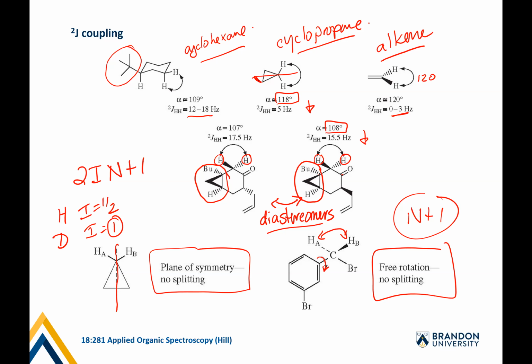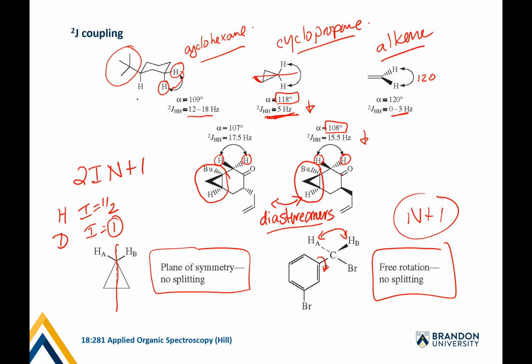So wherever they got the data from, there's got to be some other substituent somewhere so that they actually do couple with one another. But in this case, there is no plane of symmetry necessarily within the molecule, because it's conformationally rigid. So these two will couple because they're not equivalent: one's equatorial, one's axial.